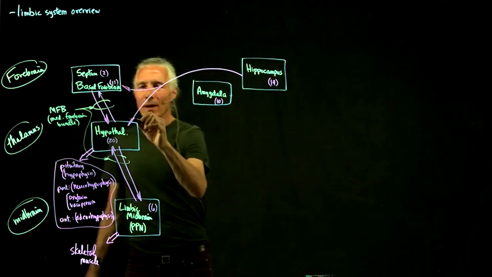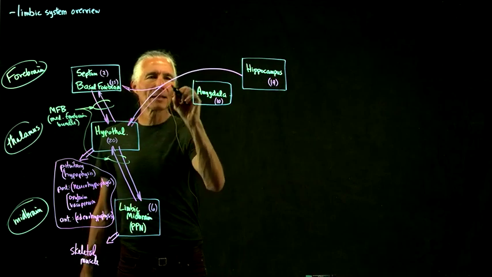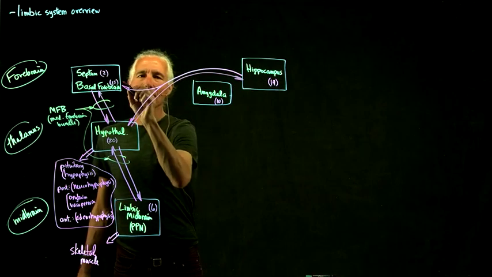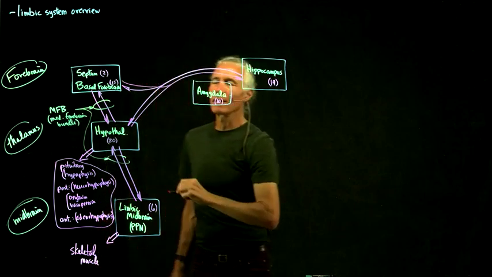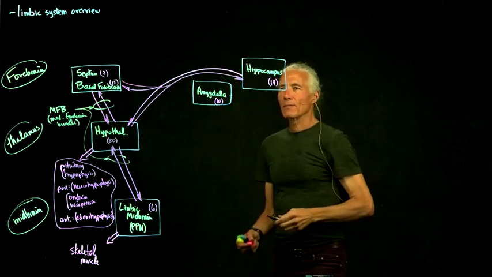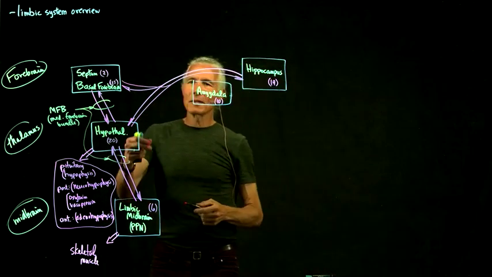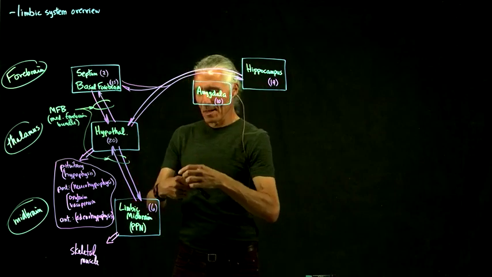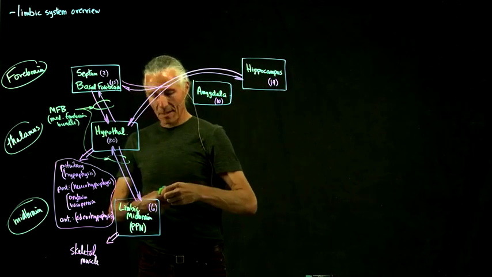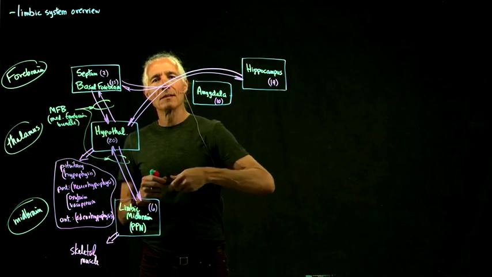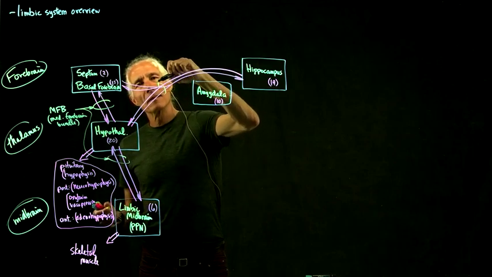And it's a highway, and so stuff's coming back the other way also. So there's another pathway that's going that way. So this guy is called the fornix.